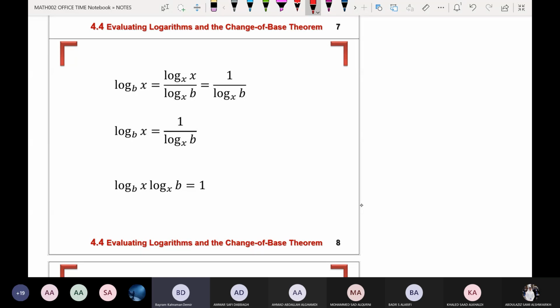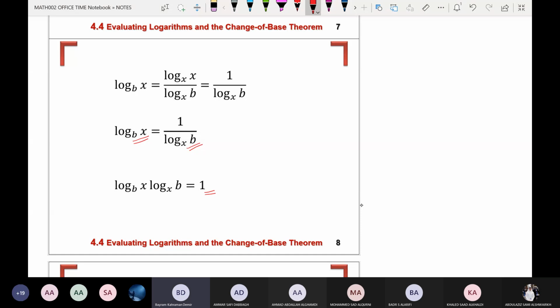So you get 1 over logarithm of b base x. So you see, Shabab, if you switch b and x, it just flips over. And of course, with cross multiplication, logarithm of x with base b times logarithm of b with base x is equal to 1.